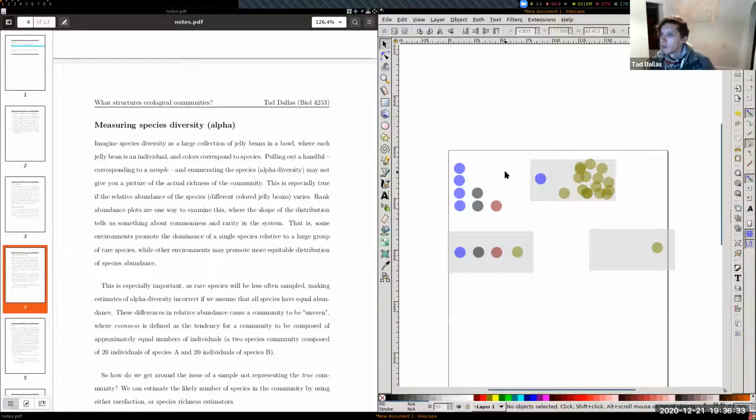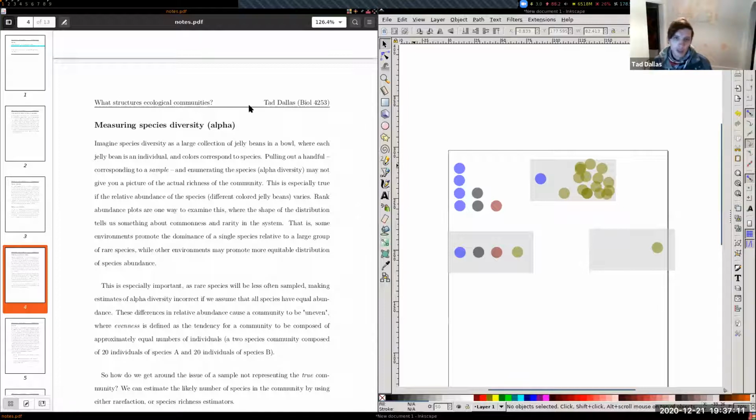We can imagine a situation, and I give the example of jelly beans in a bowl where each jelly bean is an individual. How we sample and how we monitor ecological communities is not by complete censusing. Censusing would be measuring and counting all individuals in a given area and having absolute knowledge of what species are there and how many are there. That would allow direct estimation of alpha diversity, of species richness.